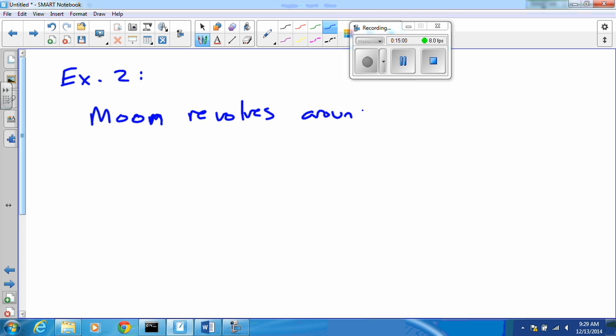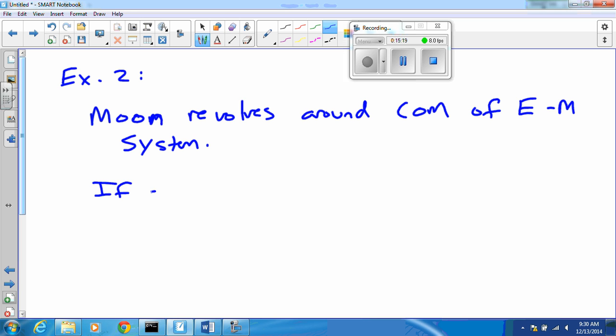Instead, the moon revolves around the center of mass of the Earth-Moon system. But as we're about to see in this example, the center of mass of the Earth-Moon system is basically just the Earth.